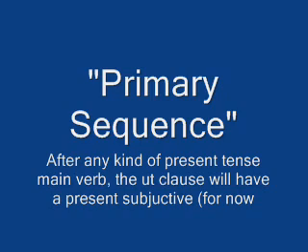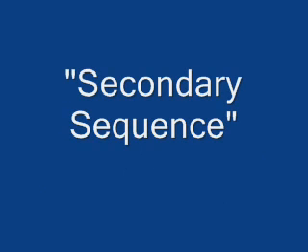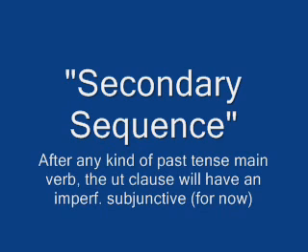After any kind of present tense verb, you will get a present subjunctive. After any kind of past tense verb, and I'm using past tense here deliberately, you get an imperfect subjunctive.